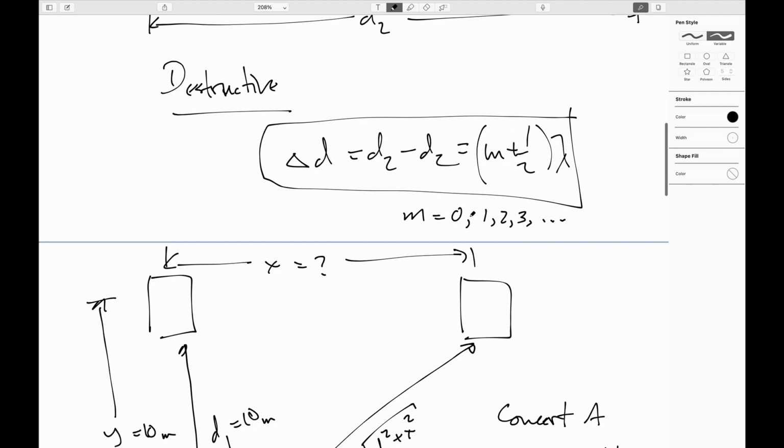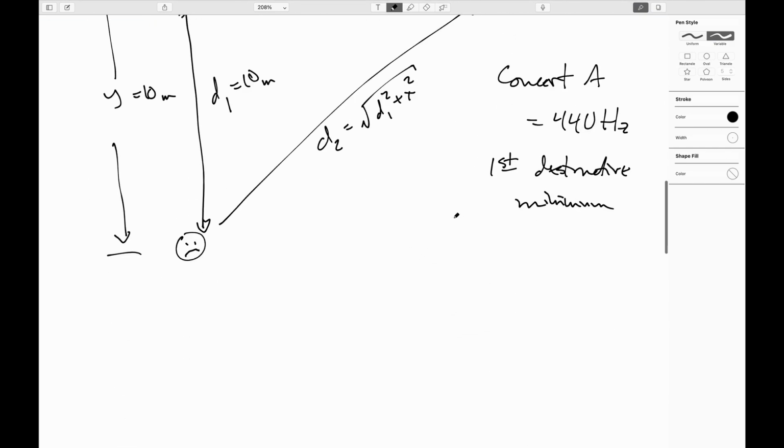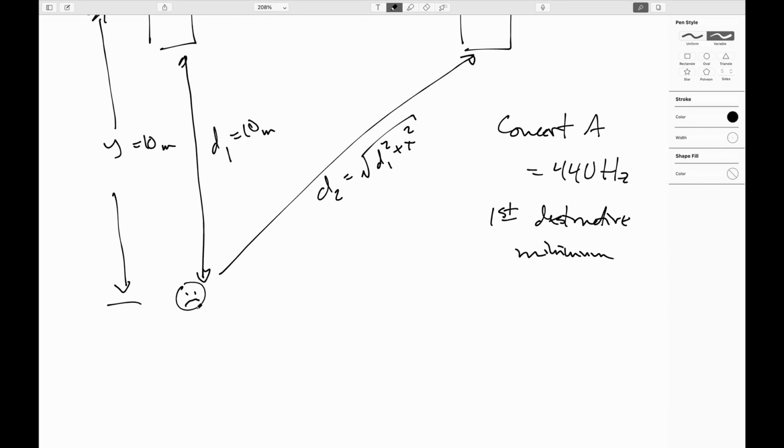Look what the first possibility is. The first possibility is 0. So if this is the first destructive minimum, what we've got is that delta D, which is equal to D2 minus D1, is equal to m plus a half lambda, where m is 0 here.